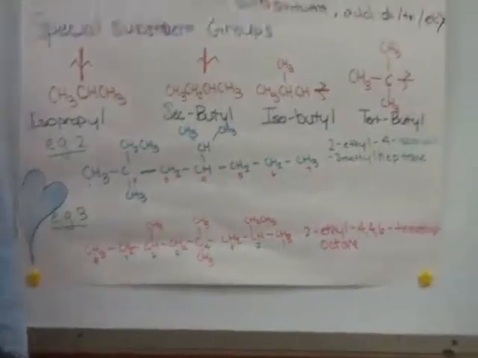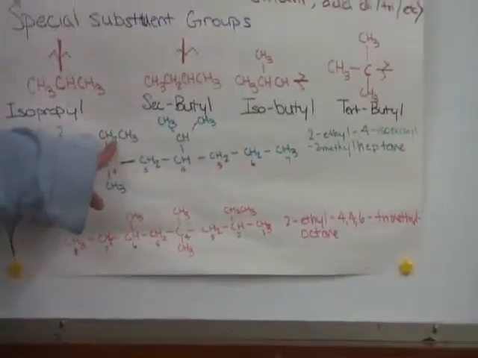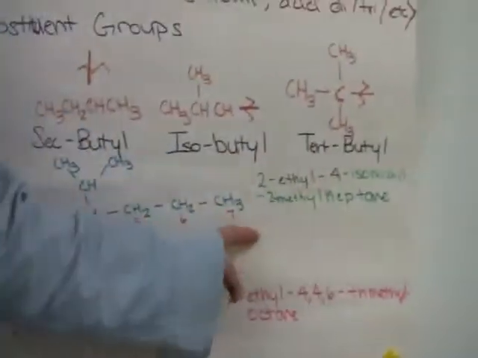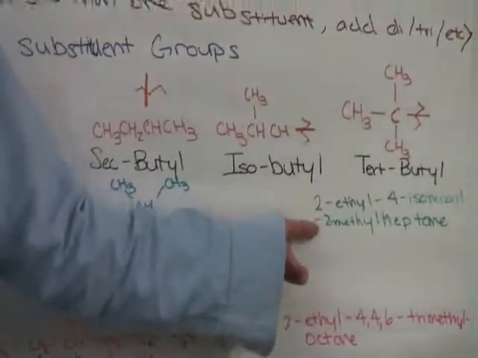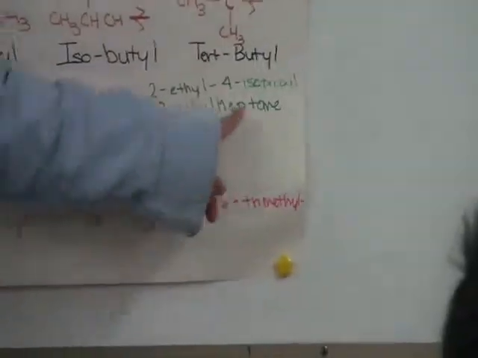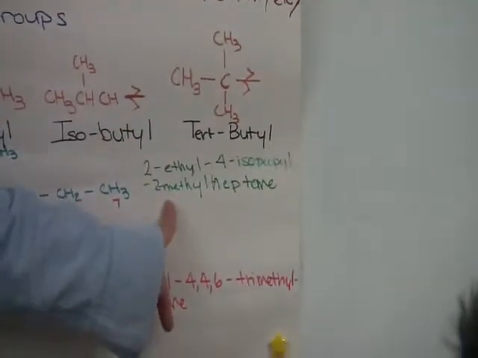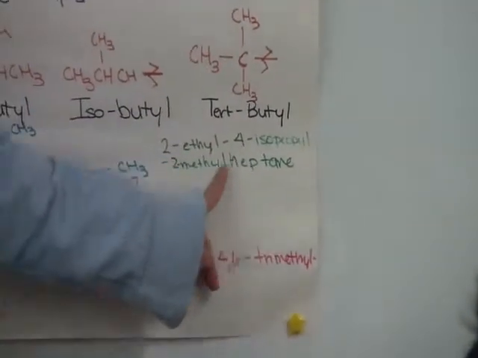There's no other way around it. It's 2-ethyl, 4-isopropyl, 2-methyl heptane. You might be wondering why it's ethyl, isopropyl, methyl. That's because we have to put it in alphabetical order. Ethyl is E, isopropyl is I, and methyl is M. Understand?